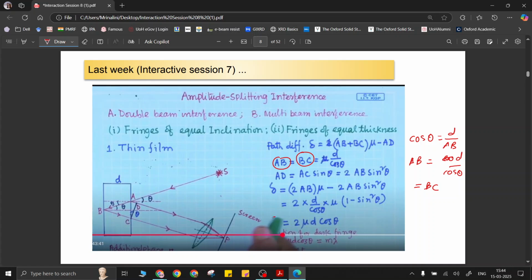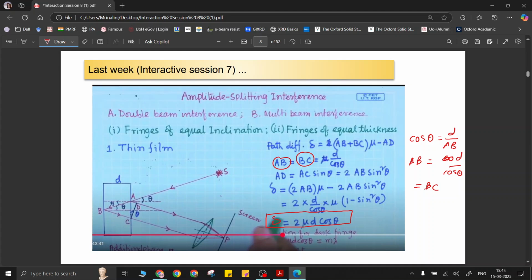Ultimately, the path difference delta we are getting is 2 mu d cos theta, where d is the thickness of our film, theta is the angle of incidence, and mu is the refractive index of this glass film or thin film or whatever this medium is. This path difference is very important to know how the interference will be finally.